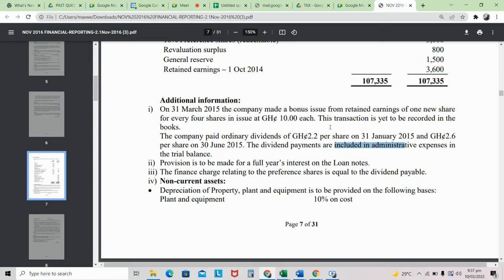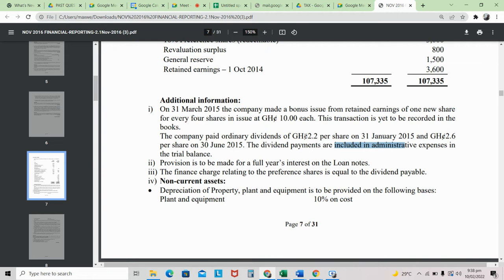So we have to work out and find out how much dividend was paid before we can now take it out of the administrative expenses. So we all know that dividend is paid according to the number of shares. So it goes like this: 2 Ghana cedis per share.